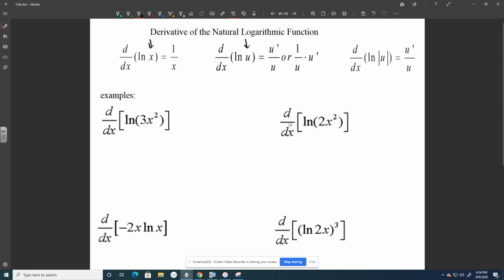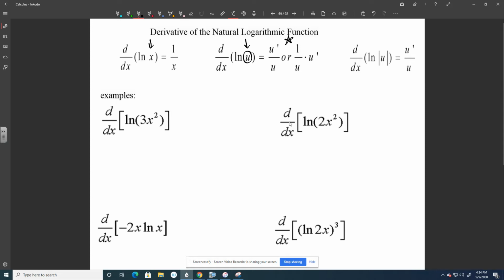The derivative is just the derivative of whatever's inside your natural log on top and just the inside on the bottom. Or sometimes it's easier if you write it as 1 over the inside times the derivative of the inside. So both of these mean the same thing, just sometimes one looks better than the other.